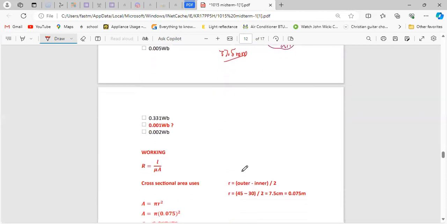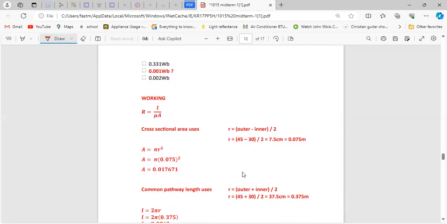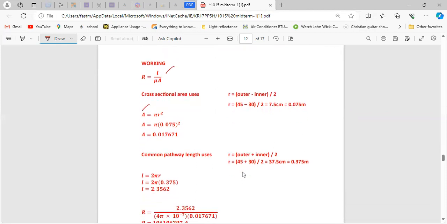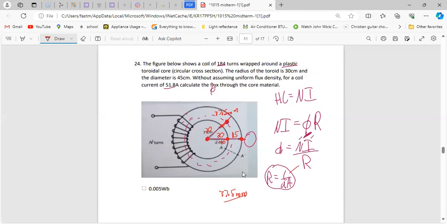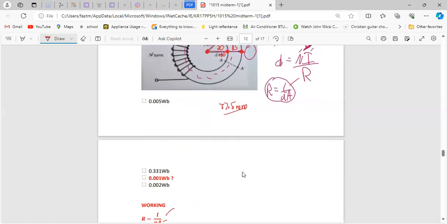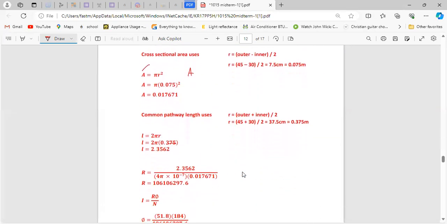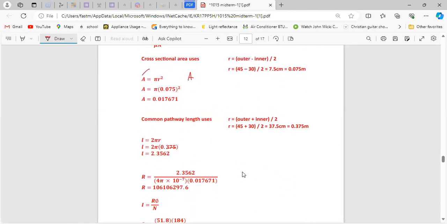What I did here for R: I already had calculated the area. Once you calculate the area, you have this piece here. Then calculate L. We got the 7.5. You convert it from millimeters to meters, so keep working in SI units, don't change them.